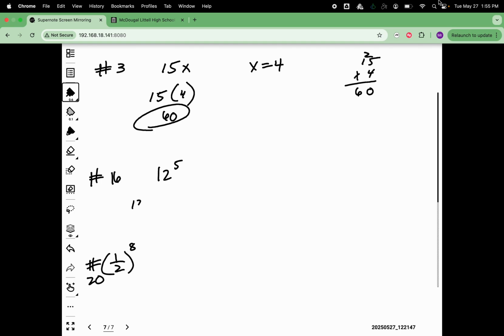12 to the 5th power is 12 times 12 times 12 times 12 times 12. 1, 2, 3, 4, 5. Okay, so this one's going to be 144, 144. So I'm going to do 144 times 144, and then I'm going to multiply that by 12 at the end.